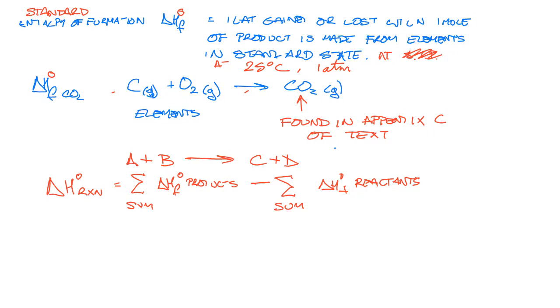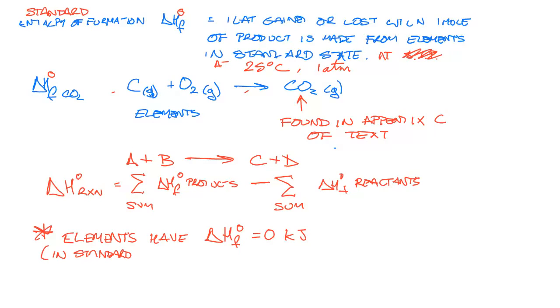These numbers are in the book. Here's the asterisk. If you are looking at an element in its standard state, I'm not going to say standard, I'm going to say natural.